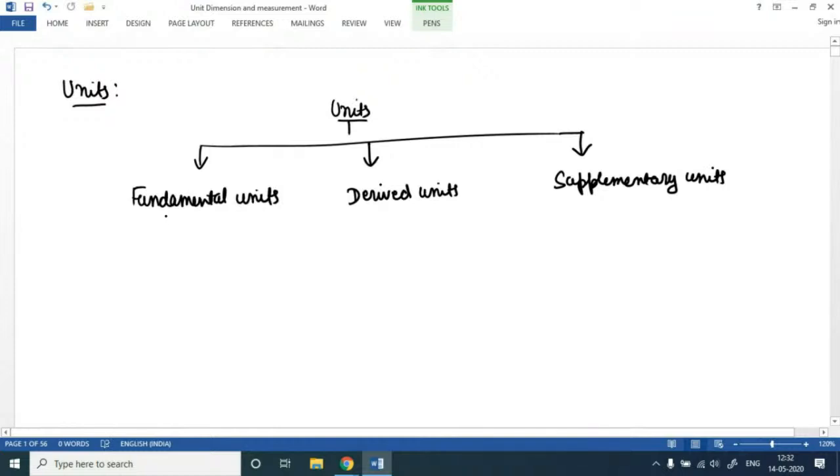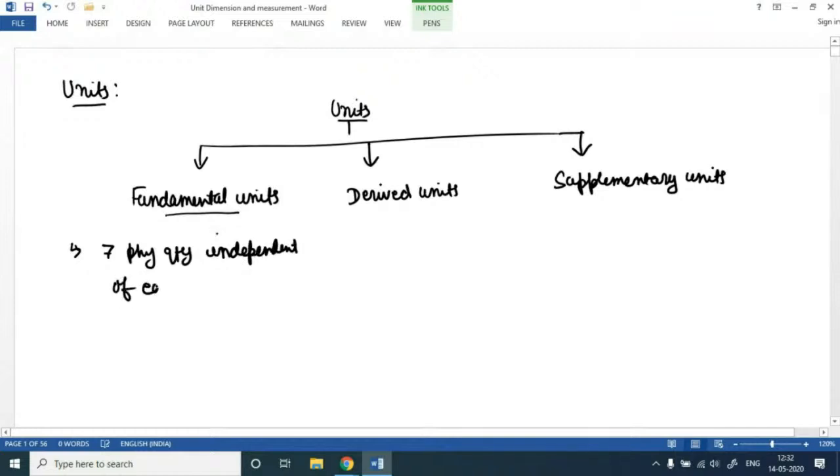So let's first talk about fundamental units. In the SI system, seven quantities which are independent of each other have been identified and termed as fundamental physical quantities. You should realize that these are independent of each other.